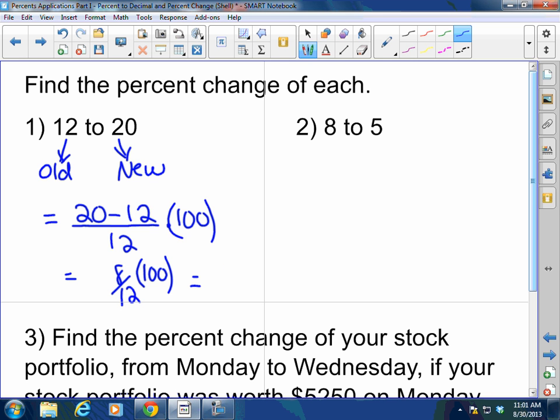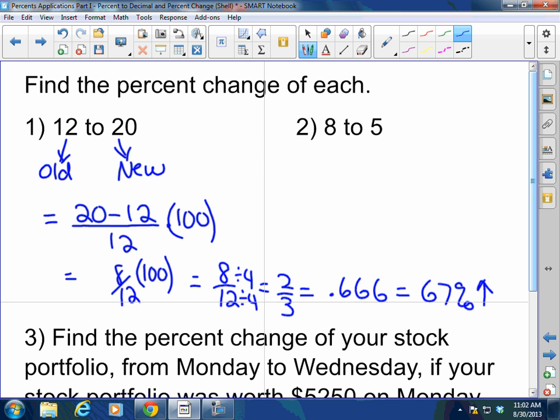So we have 8/12. Let's go ahead and reduce it to make our lives easier. So that's going to be 2/3. We know that 2/3 is 0.666 repeating. So as a percent, we're going to round, and that's going to be 67% increase.